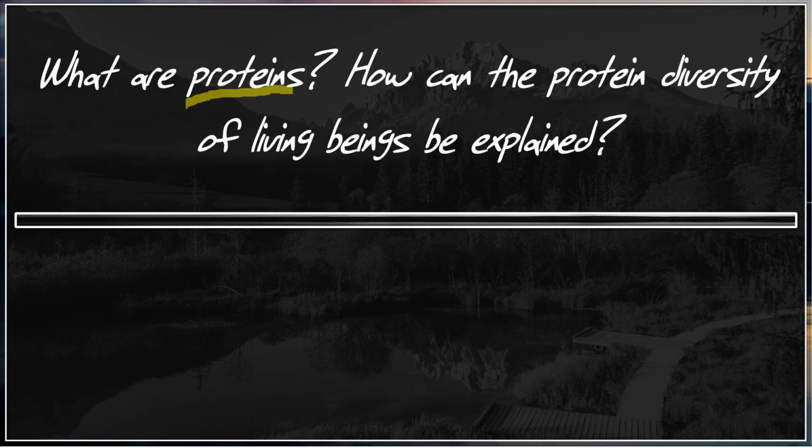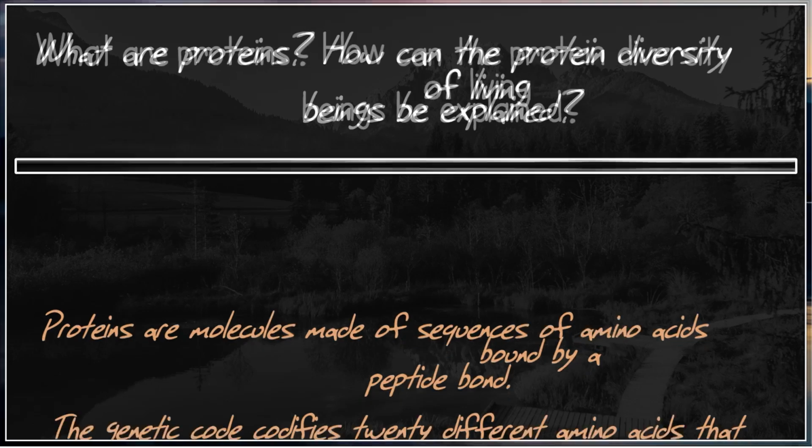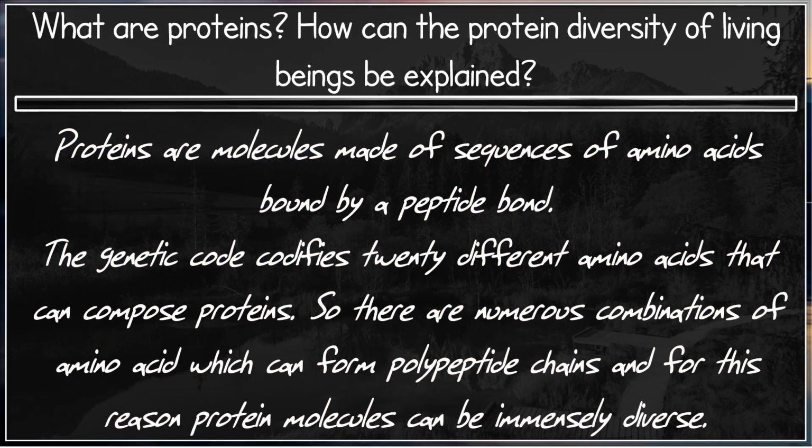What are proteins? How can protein diversity of living beings be explained? Proteins are molecules that are made of sequences of amino acids bound by peptide bonds.